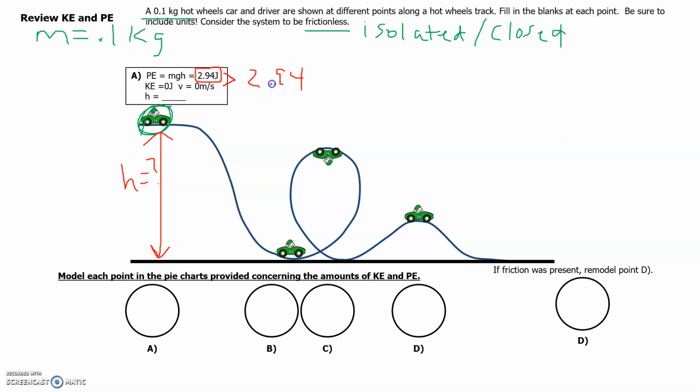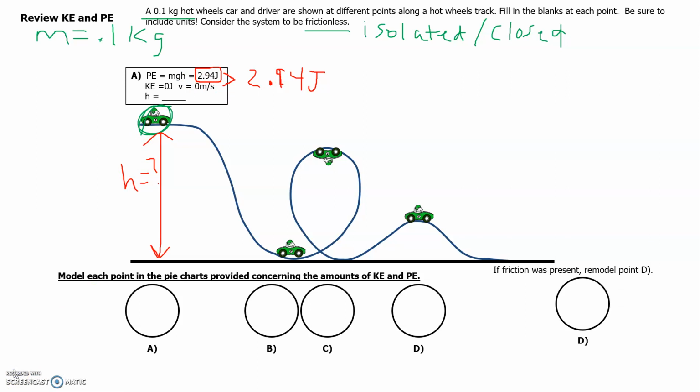So that means that at every position, we should have 2.94 joules of energy. It's always going to be that total amount of energy. It can be converted back and forth between potential and kinetic, but remember, we're not adding or removing any energy from that system. It should always be 2.94.